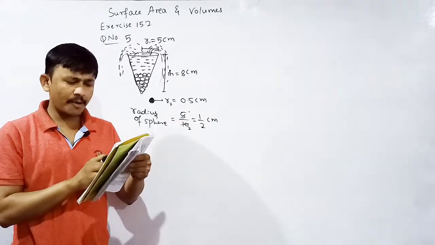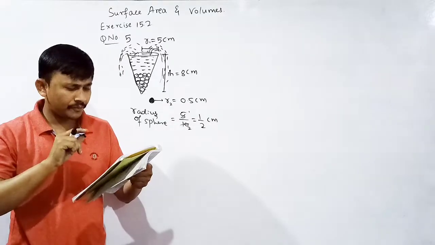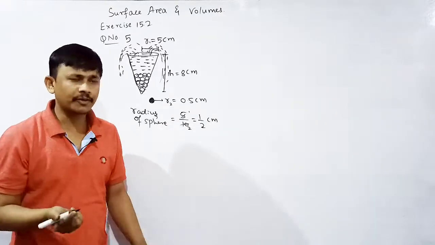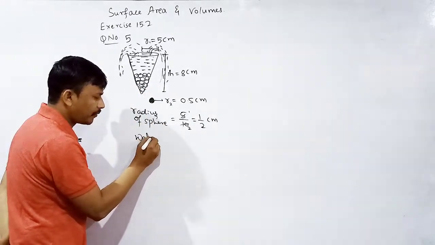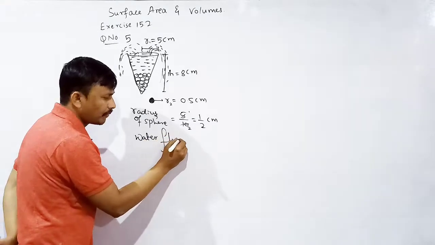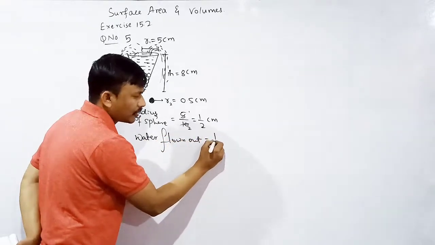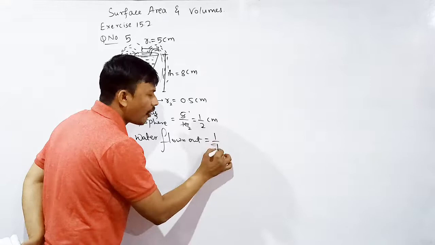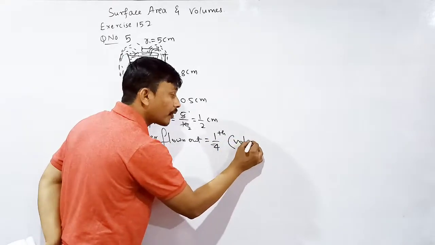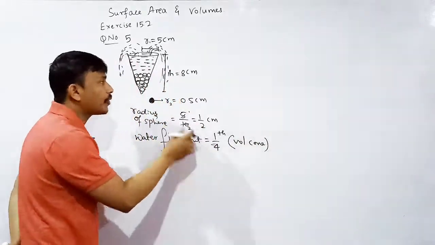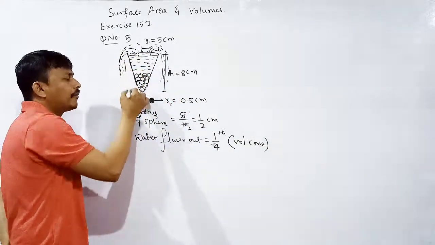Lead shots of radius 0.5 centimeter are dropped into the vessel, and 1/4 of the water flows out. How much? 1/4 of the water flown out is equal to 1/4 of what? Of the volume of the cone. 1/4 of the volume of the cone of water will flow out.